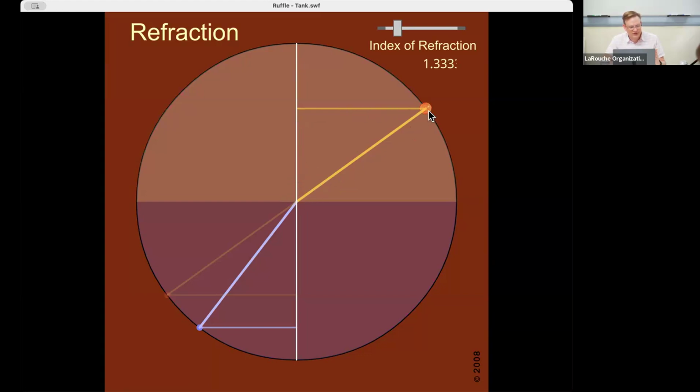The hypotenuse is the radius. And down here, similar thing. This angle of refraction, its sine is this blue horizontal line. So it gets expressed that the sine of the angle of incidence is in a constant proportion to the sine of the angle of refraction. That's Snell's law.